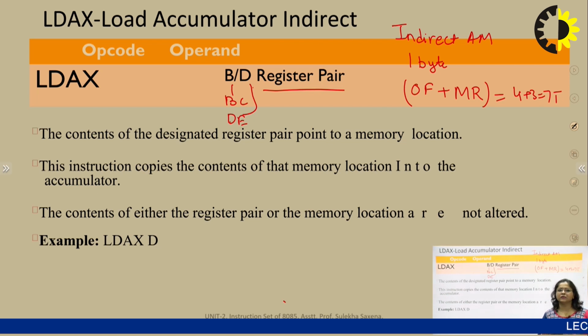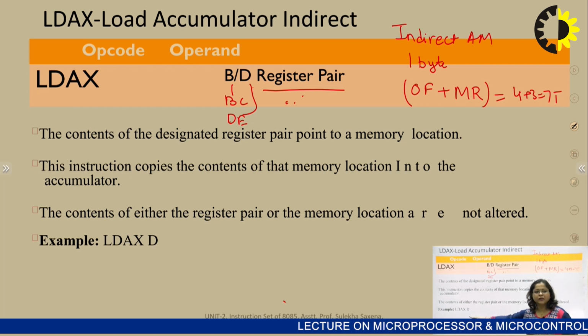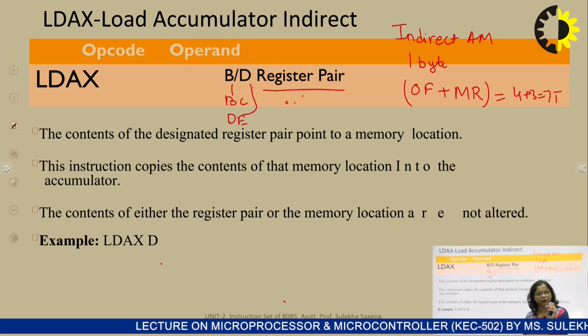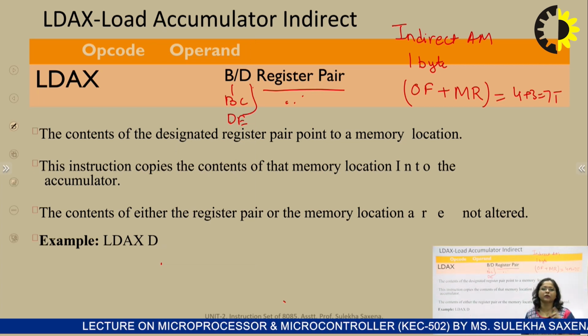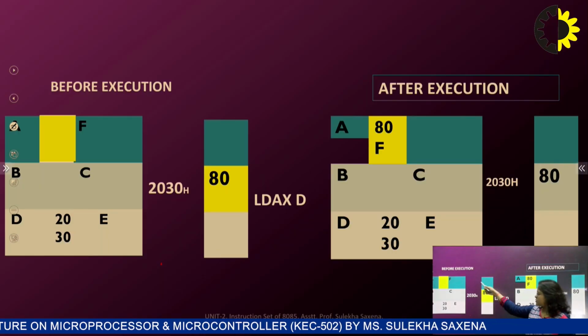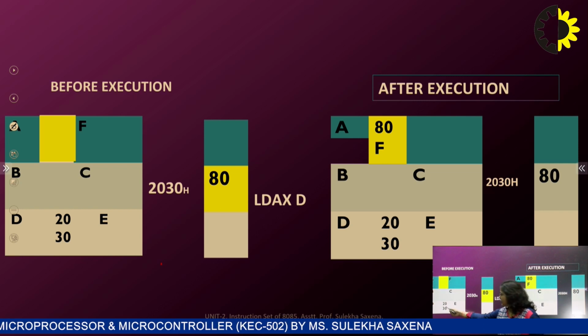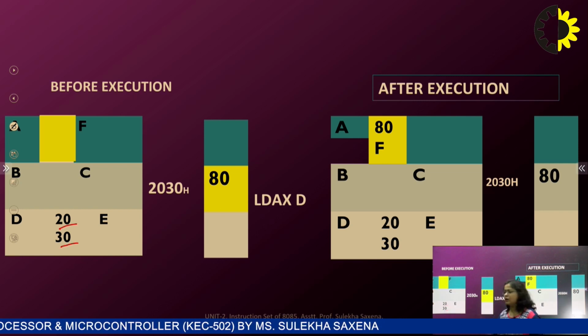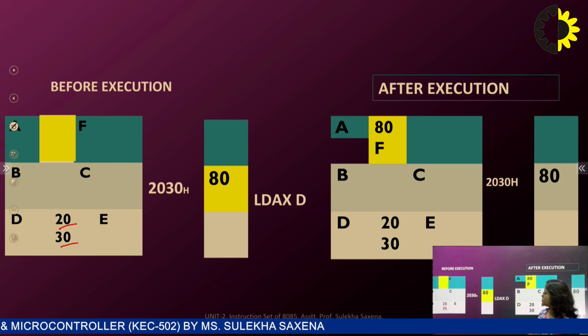So LDAX is an indirect mode instruction where the content of the memory location whose address is given in the register pair is copied to the accumulator. The example is LDAX D. The memory address is given in the DE pair and its content is copied to the accumulator. So we will take an example. This is the instruction and D contains 20, E contains 30. So the address will be 2030.